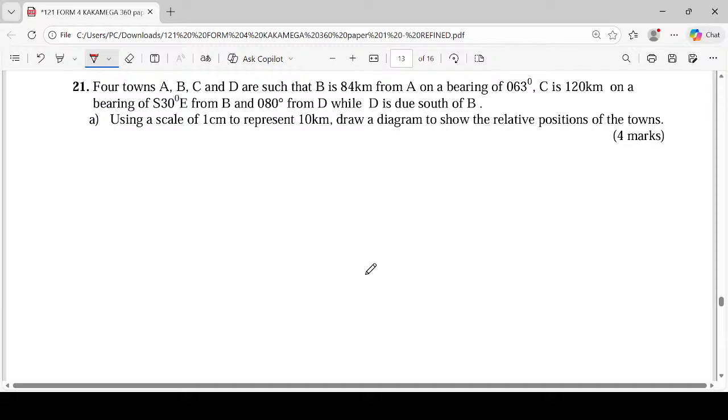So with this question, ladies and gentlemen, we are going to do the analysis one by one. I'll be giving you clear guidance, though I'll be using a sketch because I don't have the construction tools. Let's reread the question. Four towns A, B, C, and D are such that B is 84 kilometers from A and on a bearing of 63 degrees. So that means I have my town A here.